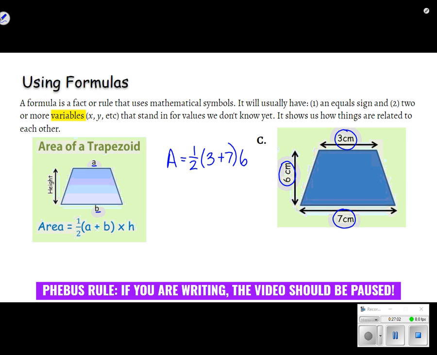Then this goes into the order of operations that we were using in the beginning of the video, where we say parentheses first. But if you wanted to do distributive property, you could also do that, but you create some fractions. 1/2 times 10 is 5. 5 times 6 is 30.